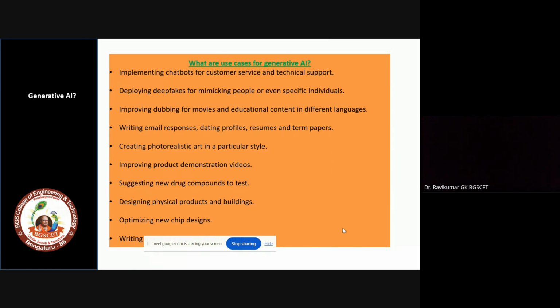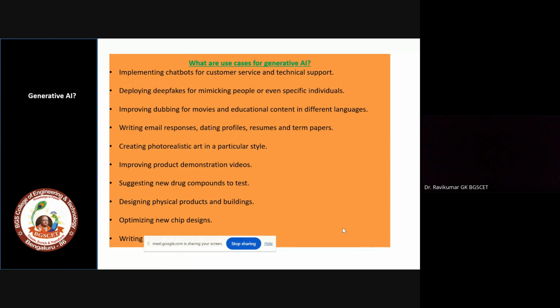Another use case for generative AI is writing email responses, dating profiles, resumes, and term papers. Nowadays, earlier when you received any email, you used to write, okay, thanks, I'll let you know, whatever you want to reply professionally, you had to keep on typing and writing. Now, using generative AI, you can have a response to that particular email.